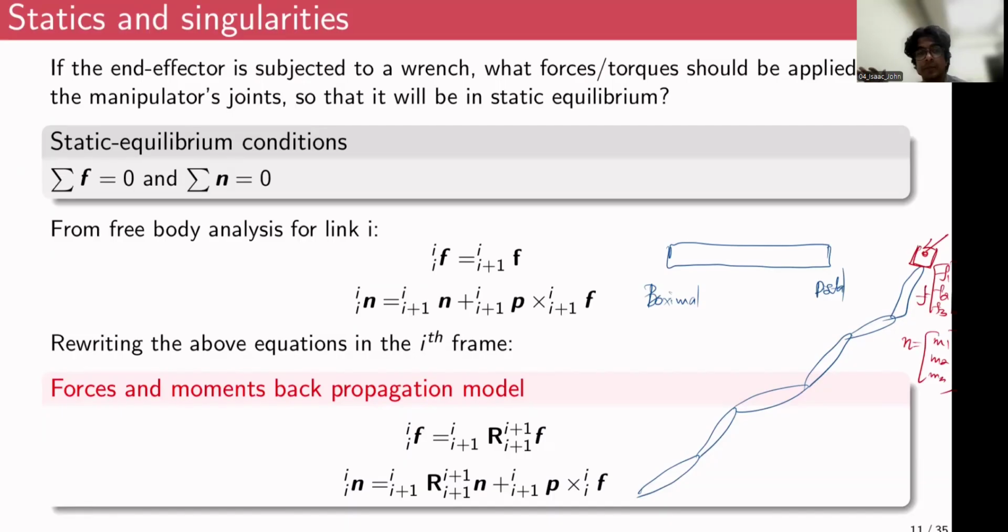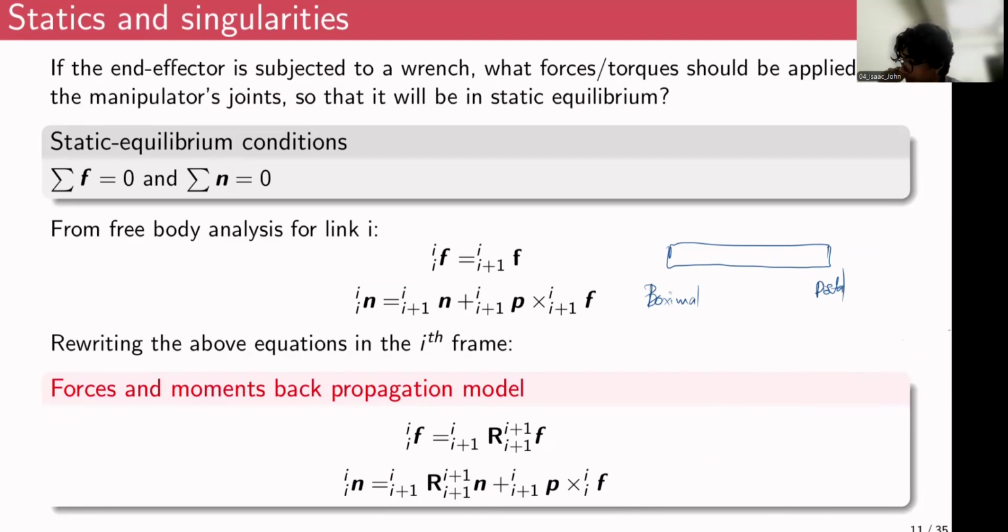It won't collapse. So we are trying to solve that problem using robot statics. For a robot to be in static equilibrium at any working operation, what should be the forces exerted by the joints? Again, very similar to the velocity propagation, we also do the force propagation, but this time it will be in the backward direction.